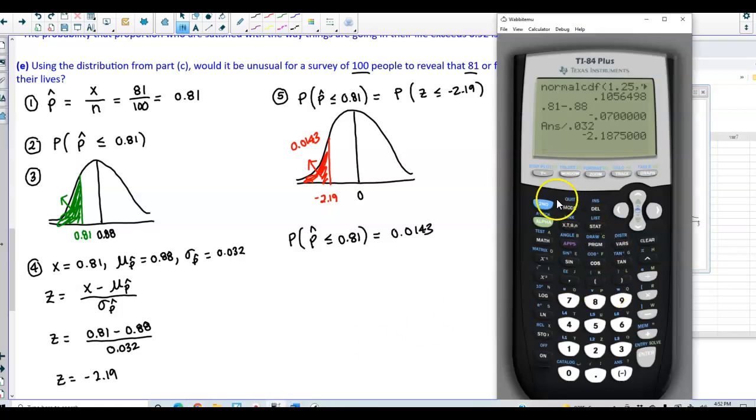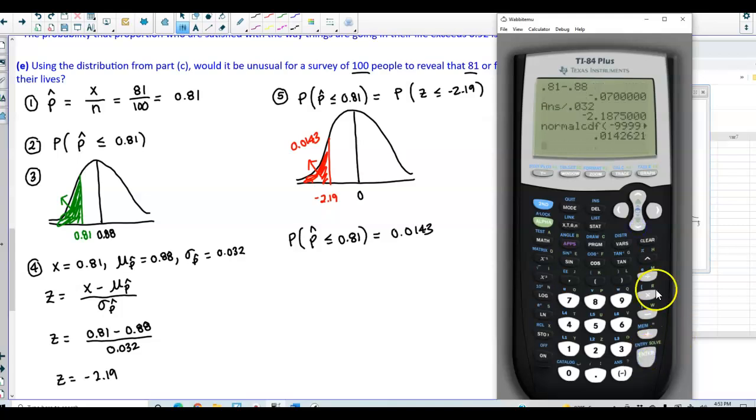If we wanted to use our calculator, we're going to go to second, distribution, go to normal CDF. Now our lower bound is to the left of this, so now it's going to be negative 9999. Our upper bound is going to be negative 2.19 with our mean of 0 and standard deviation of 1.